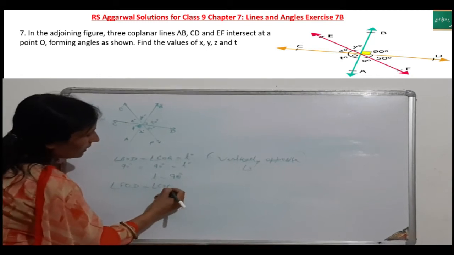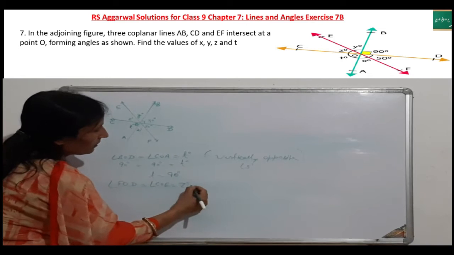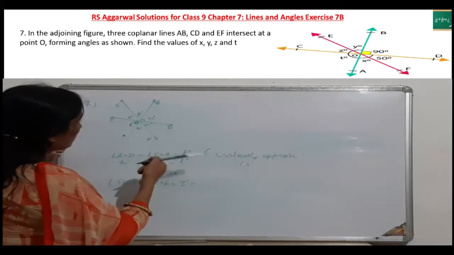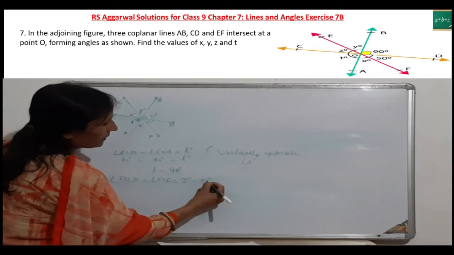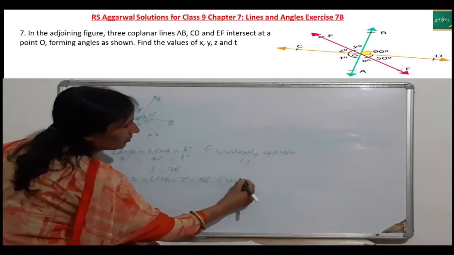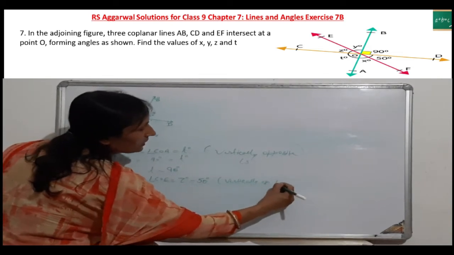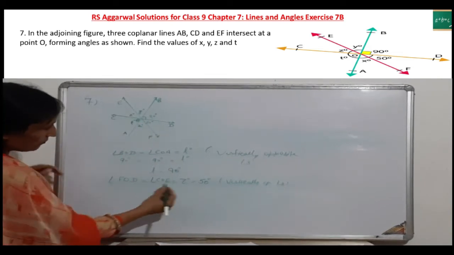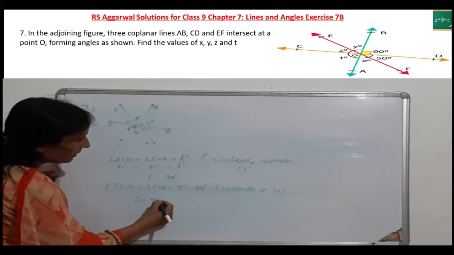Angle COE is equal to z, which is equal to what is given here, 50 degrees, because these are vertically opposite angles. So we got the value of z, 50 degrees.